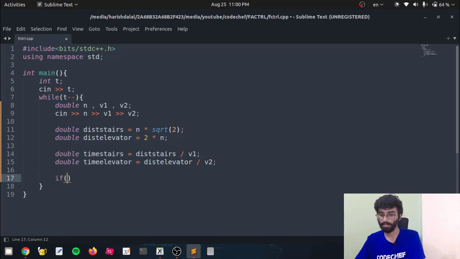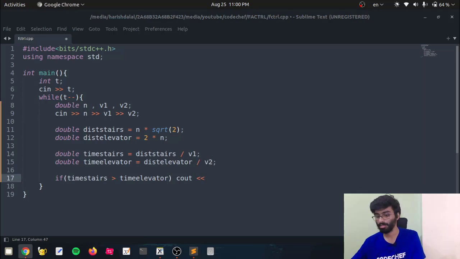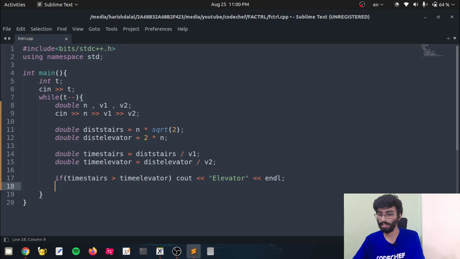Now just comparing both. Now in this case, the time taken through stairs is greater than the time taken through elevator, so we will output elevator. Make sure to check the spelling. And else we will be outputting stairs.